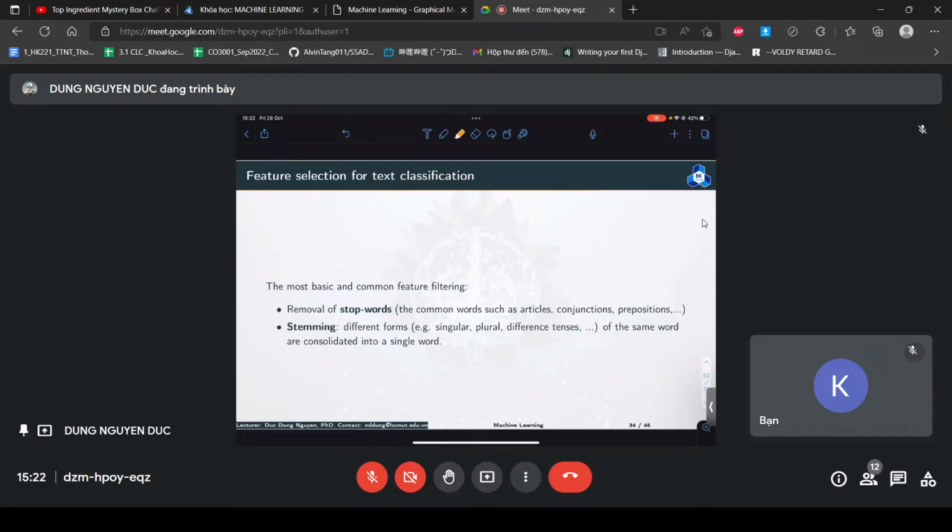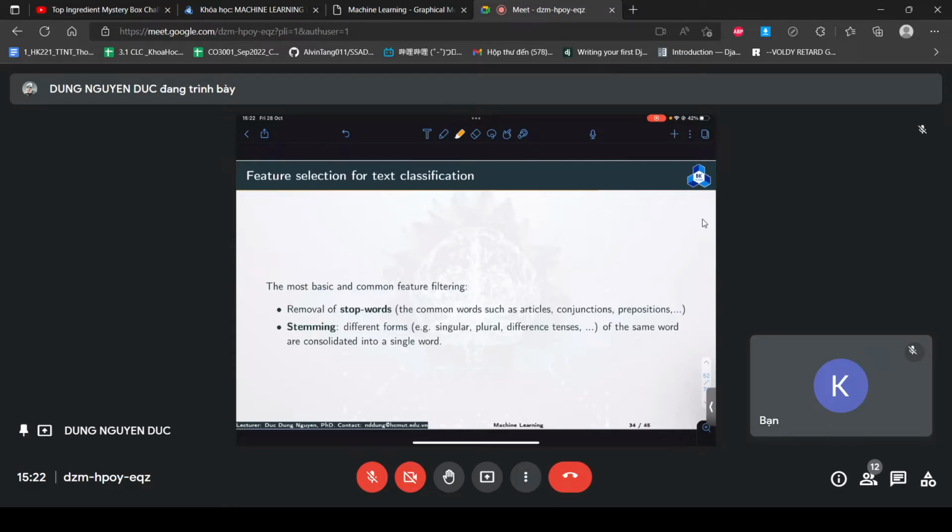So the basic idea here is, you may remove the stop words. That means you don't concern yourself about the context or the meaning of the sentence, but only care about the appearance, the sequence of word appearance. That's one thing.